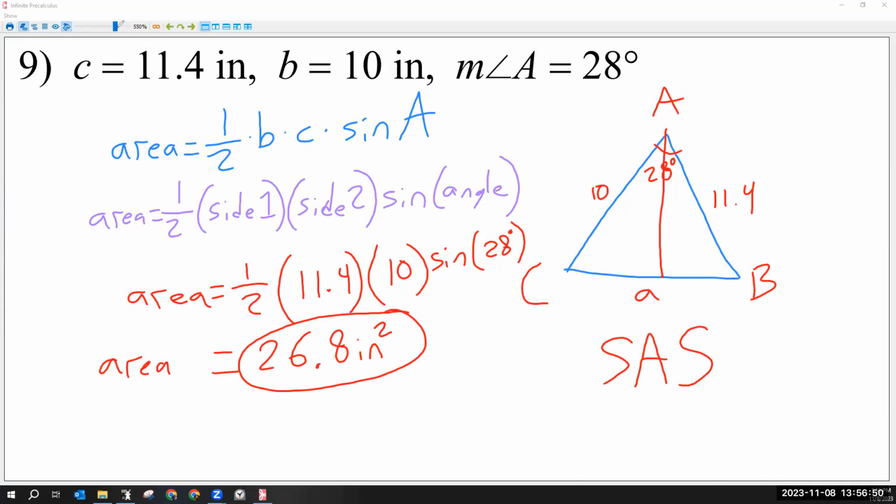Please don't get it wrong. So that's why I rewrote it right here in purple and just said first side, second side, your angle. It makes no difference. It didn't even matter. I could have put the 10 here and 11.4 there. I could switch them. Doesn't matter.